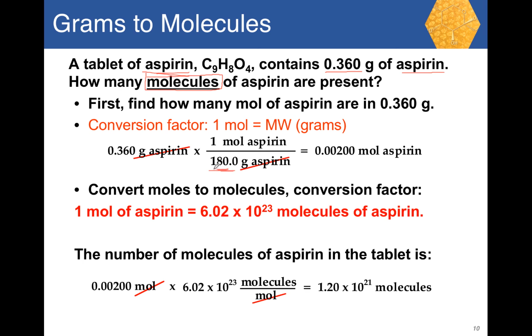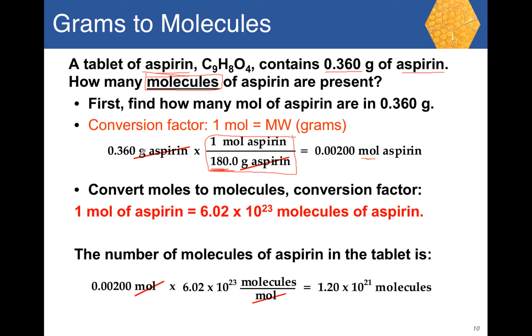Here it is. Next, we have to do the conversion into moles. Here's our conversion factor right here. 1 mole of aspirin is equal to its molecular weight, 180 in grams.